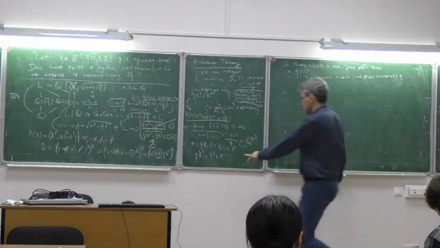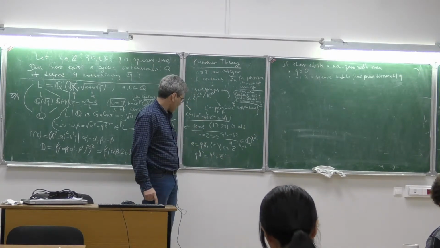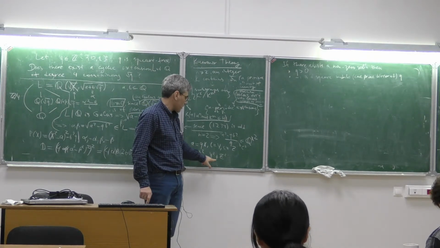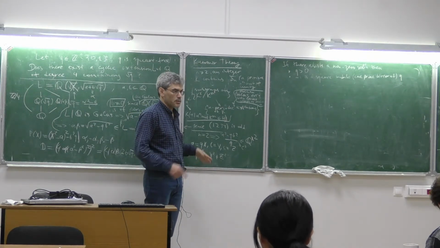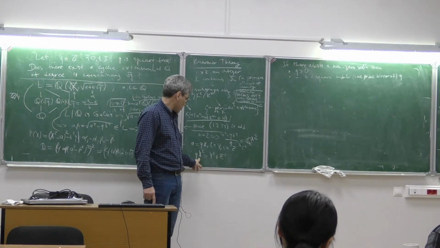Consider this modulo q. First of all, we may assume that x, y, and z are coprime, otherwise just divide them by common multiples.